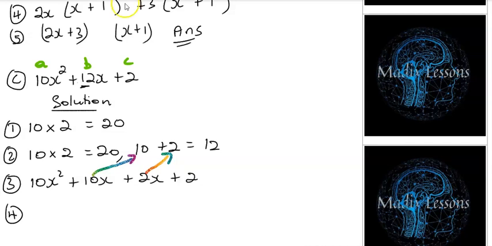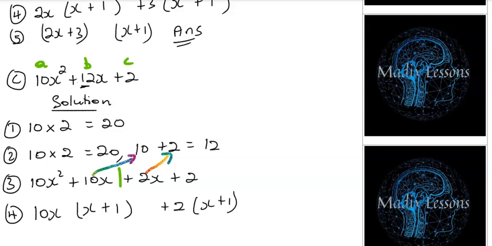Step number 4. This is where we're going to bust it down the middle, people, and we're going to pull out the highest common factor. Highest common factor based on what we're seeing on the first half is 10x. We see what's going to go inside our bracket: x plus 1. Second bracket, x plus 1. Outside of the bracket, guys, is a plus 2.